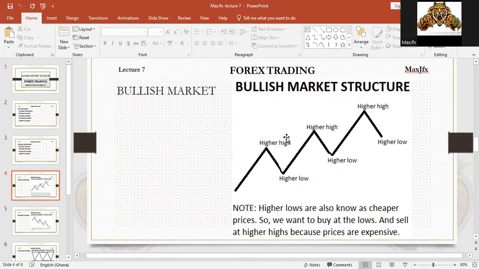If prices are higher, we tend to buy less or not to buy at all. And when the prices are lower, we buy more, or that's where we are interested to buy the market. You get it. But if the prices are expensive, we don't buy it. We rather sell. So at the higher highs, we want to sell, and at the higher lows, we want to buy. So that's what we'll consider.